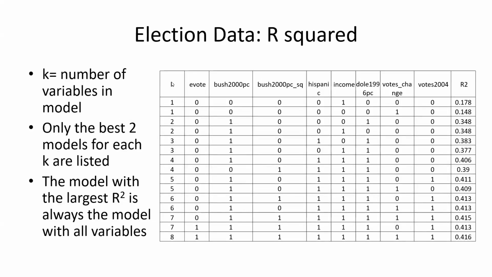And for a given k, we list the best two models. So the best two one variable models are in the first two rows. One model has income and the other has votes change. The criterion is listed at the end. We're listing R squared, and so we have 14.8% and 17.8%.